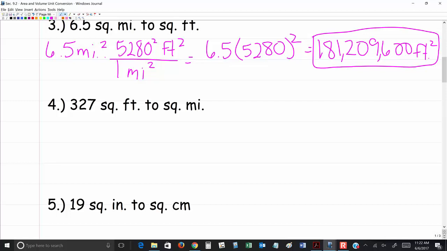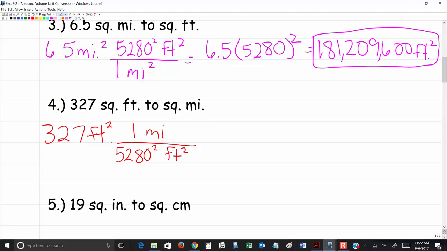And then square feet to square miles. So 327 square feet. All right, so there are 5,280 square feet in 1 square mile.